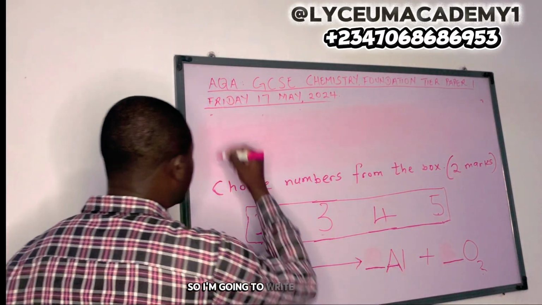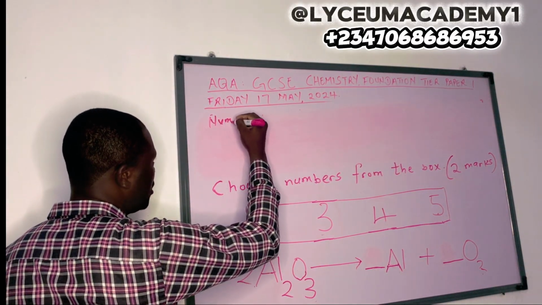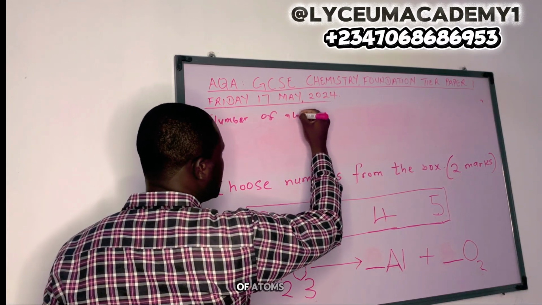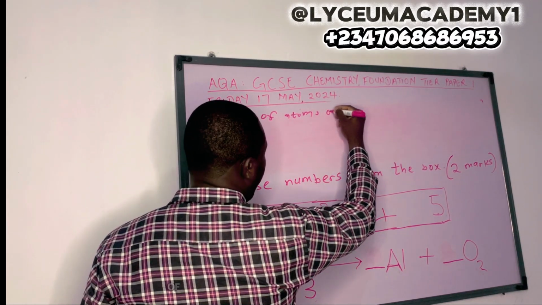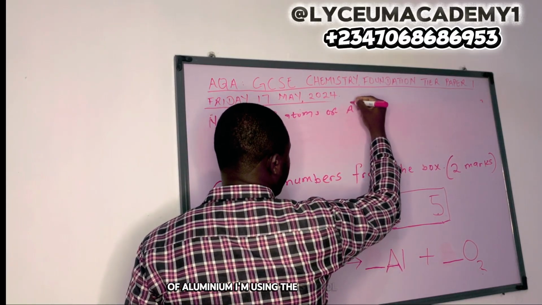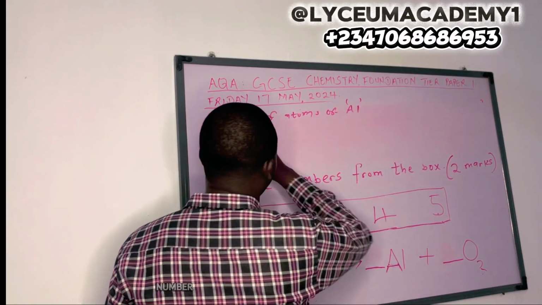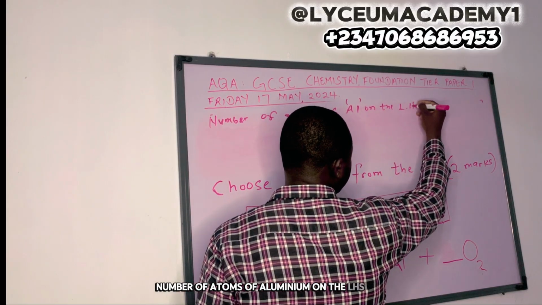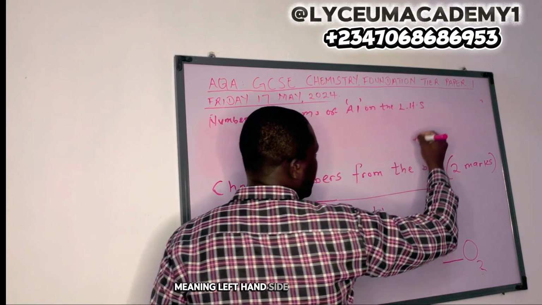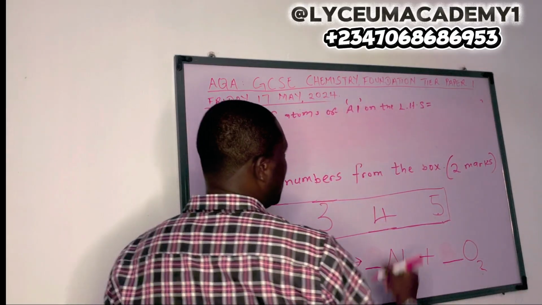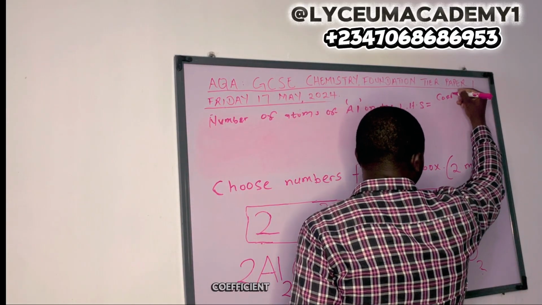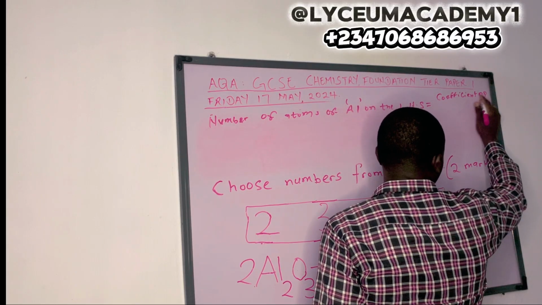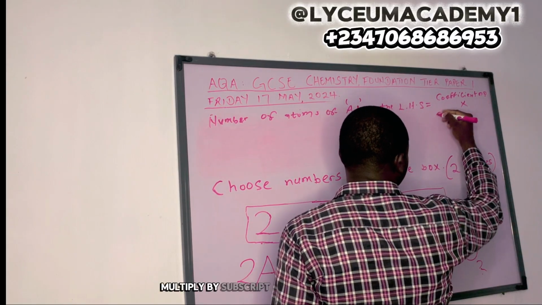So, I'm going to write number of atoms of aluminium, I'm using the symbol Al, number of atoms of aluminium on the LHS, meaning left-hand side, is equal to coefficient number multiplied by subscript number.